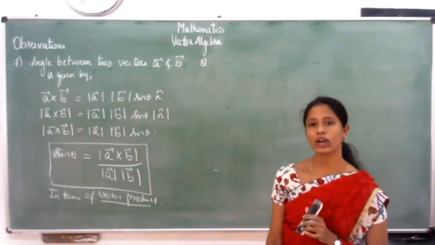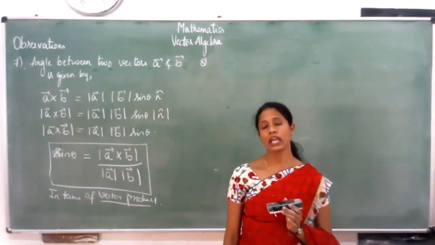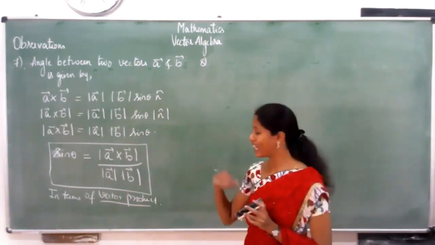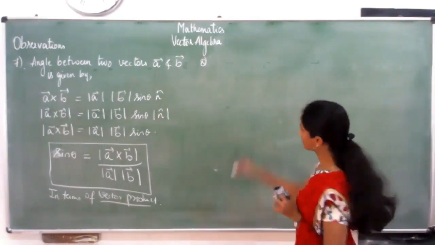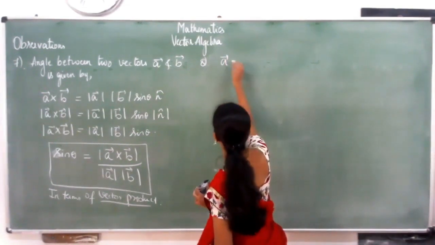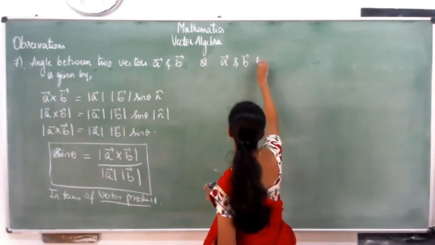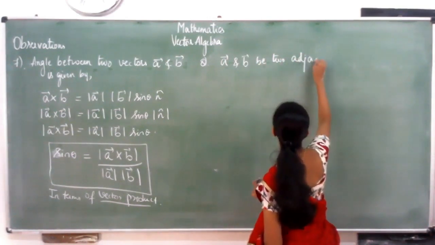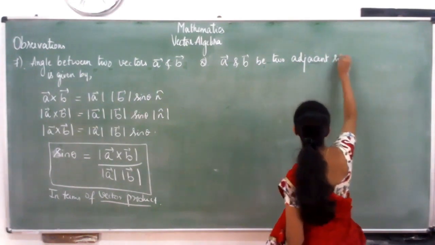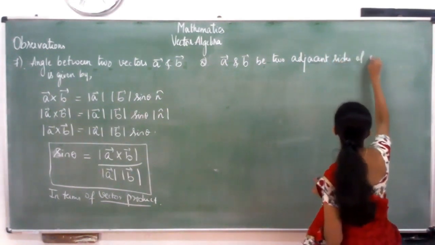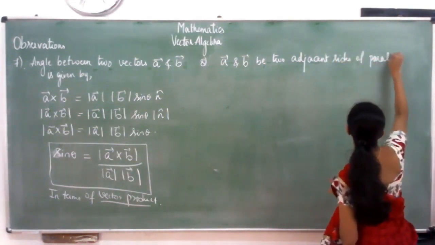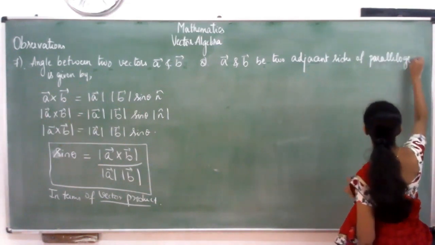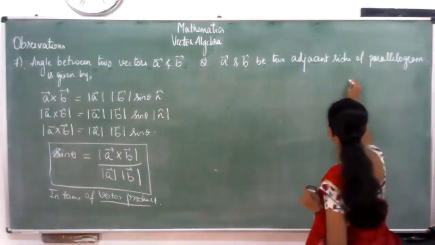Next observation, 8.1. Now let us find the area of the parallelogram with the help of the vector product. Let A and B be two adjacent sides of a parallelogram.